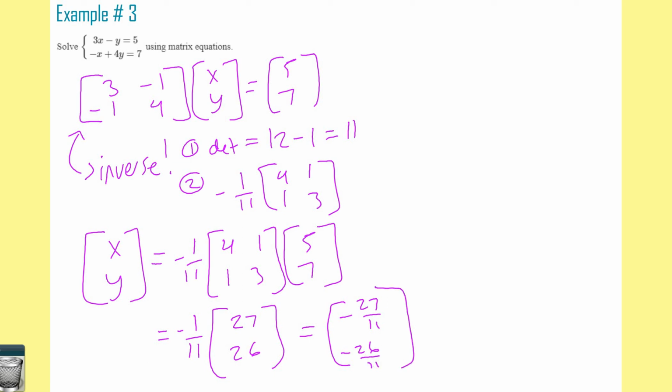I really hope you caught my mistake right there. I don't know why I decided to multiply it by negative. No, it's 1 over the determinant. I've been doing perpendicular lines in my other classes. Sorry, I was doing opposite reciprocals. Don't do that here. It's just 1 over the determinant. Don't know what I'm thinking. Okay, there we go.